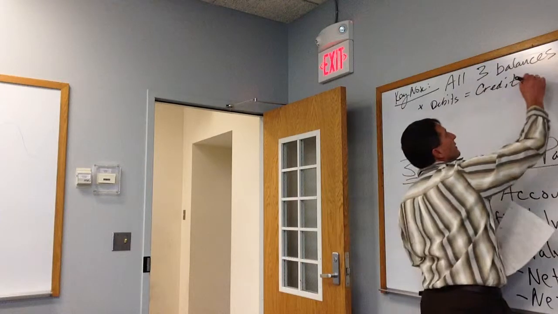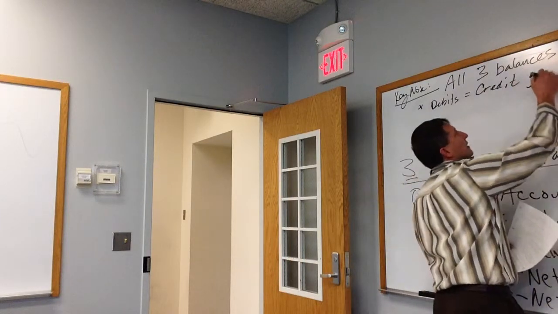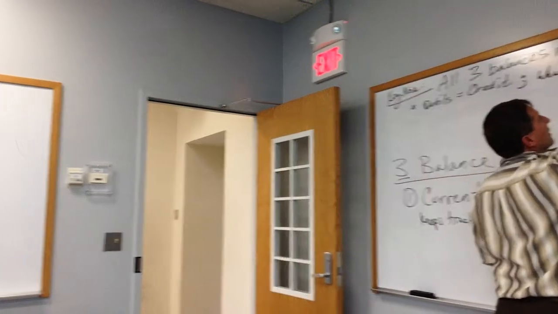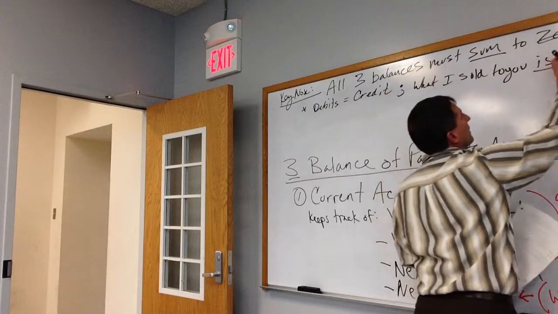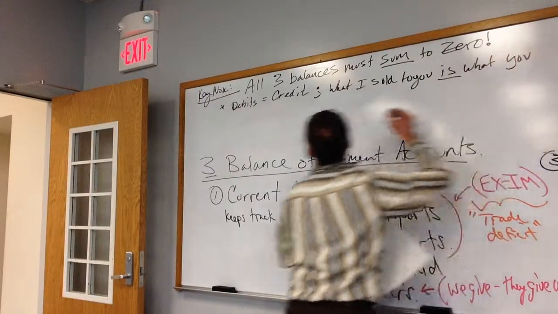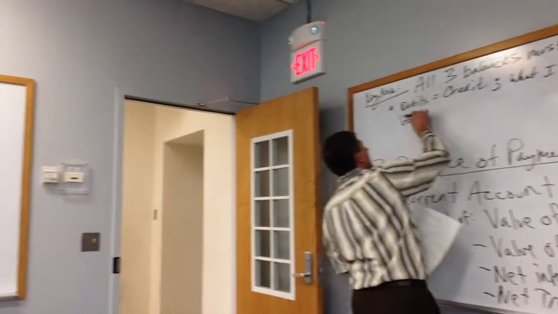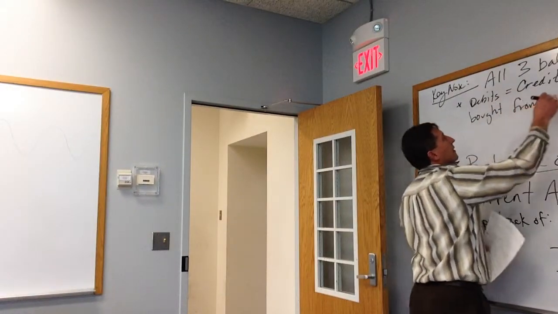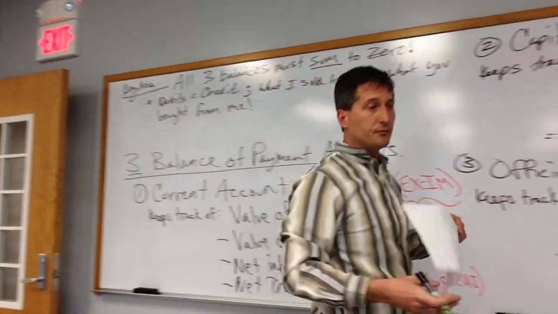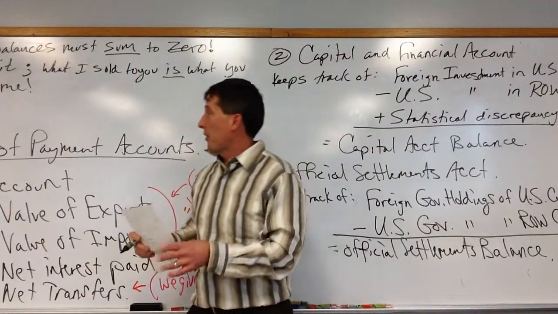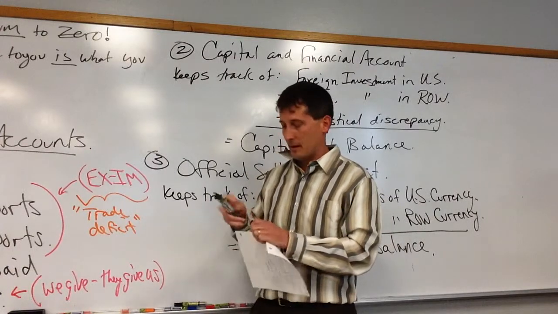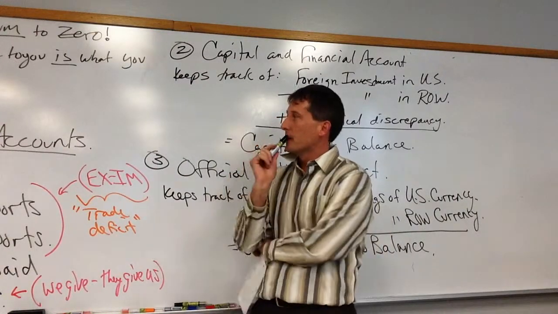Or in maybe Russ terms here, what I sold to you is what you bought from me. That's why on a global level, all three of these things must equal 0 at the end of the day.